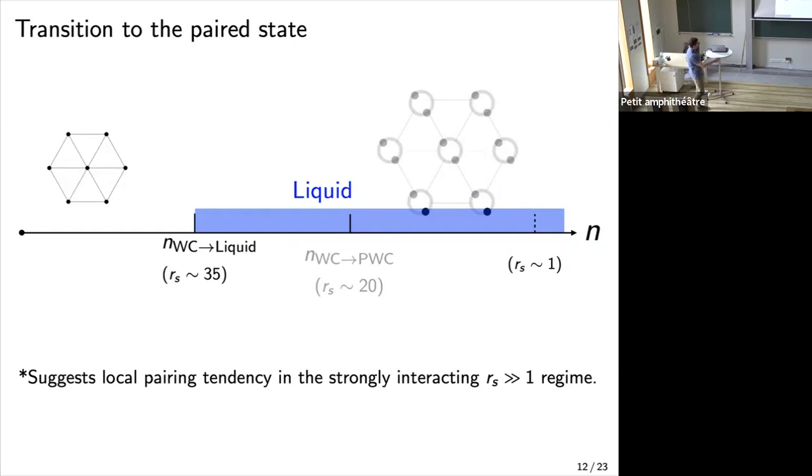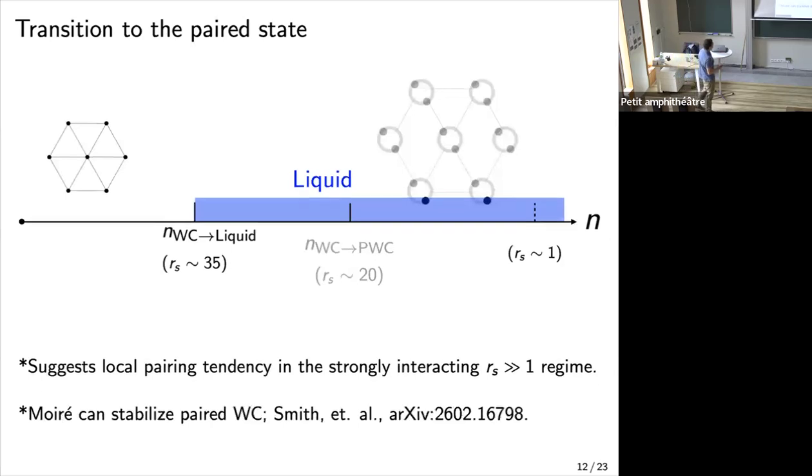Remember, we discussed that when rs is big in comparison to 1, even in the liquid phase, the liquid knows about these very strong crystalline correlations of the proximate solid. And so presumably these pairing tendencies that we've discovered should also manifest in some way in the liquid state itself. So that's, I think, interesting.